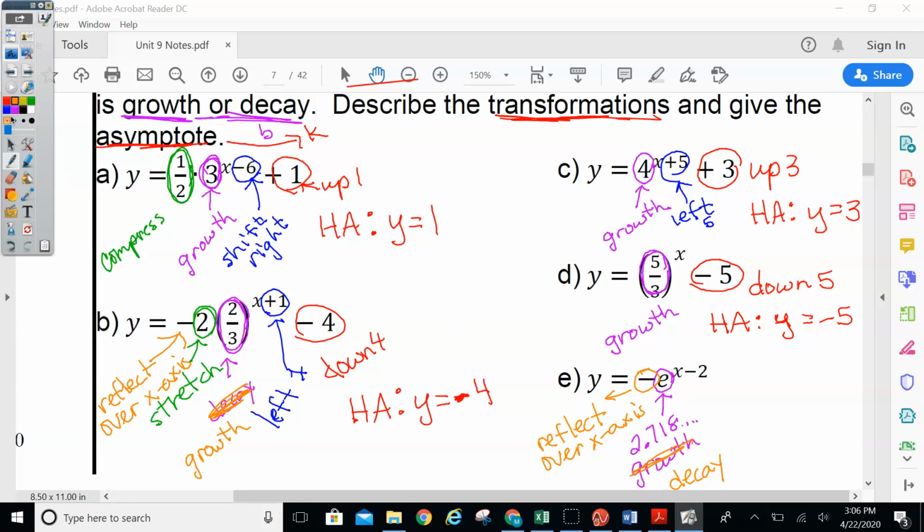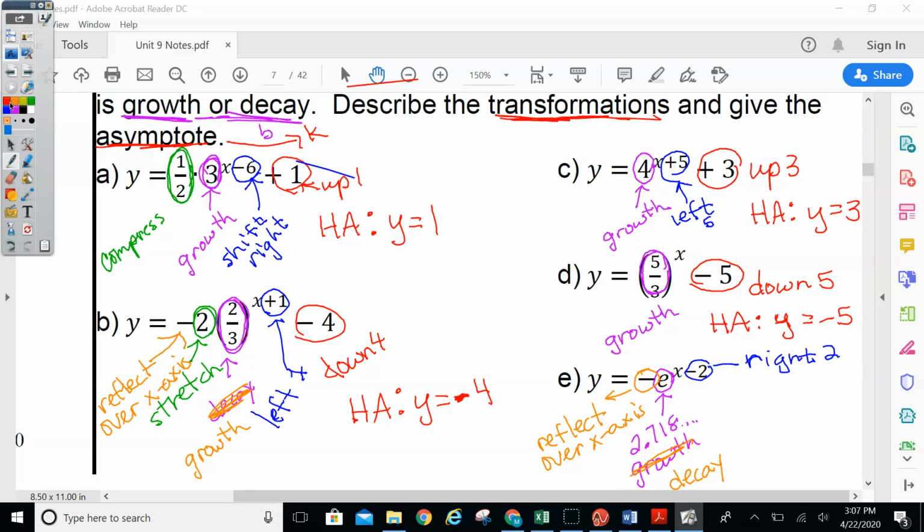Now, the -2 here is part of the exponent. So since the -2 is part of the exponent, this is going to make it shift left and right, not up and down. So this is an H value. So this number makes it go right 2, not down 2.